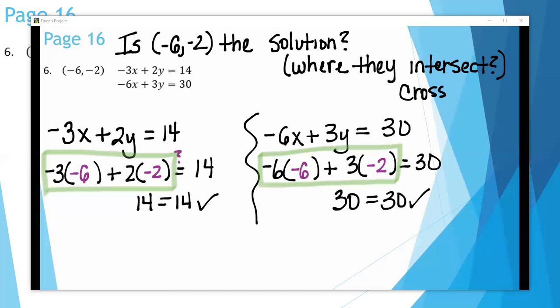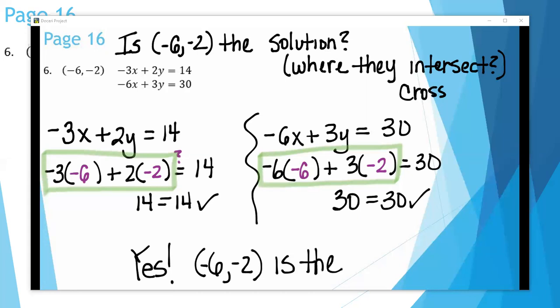So that means that yes, this time we get a yes. The point negative 6, negative 2 is the solution.